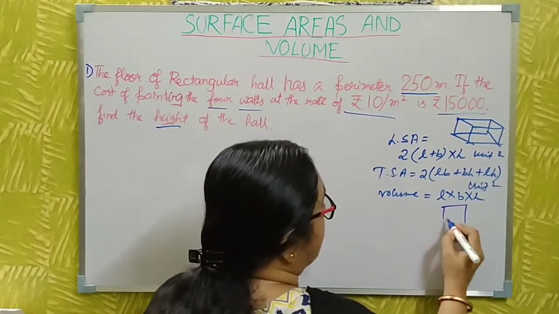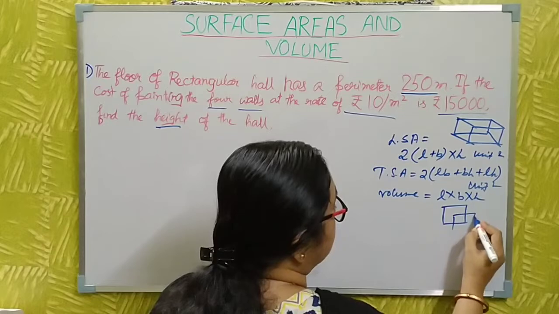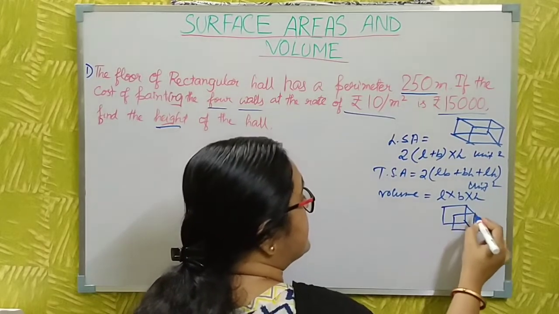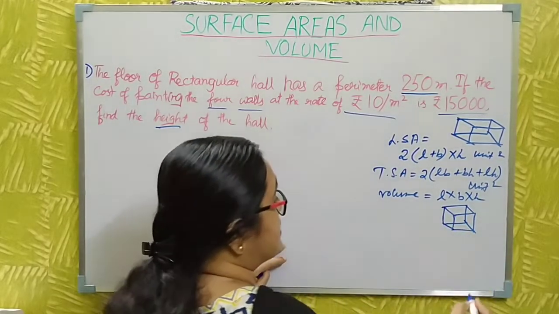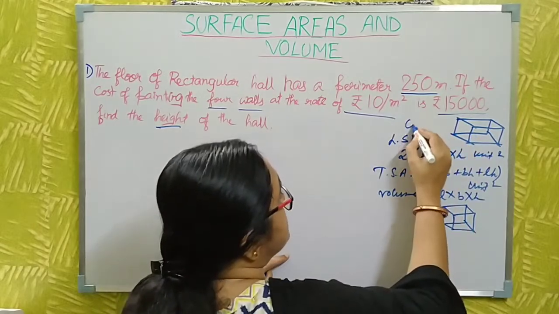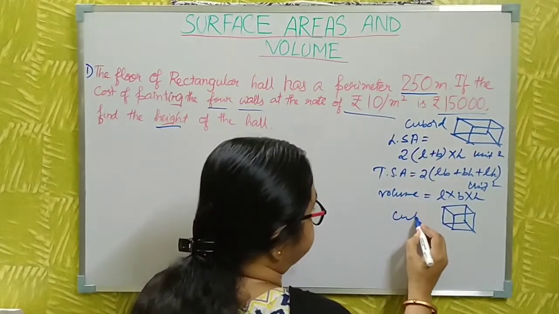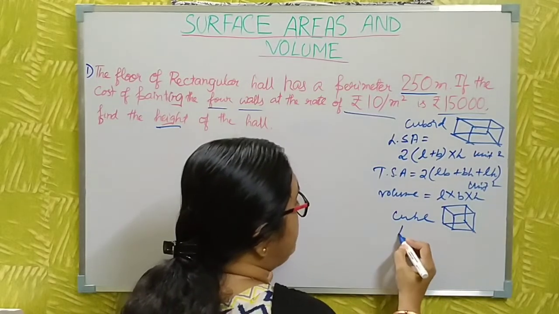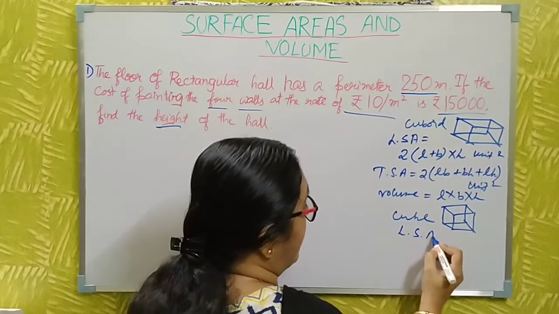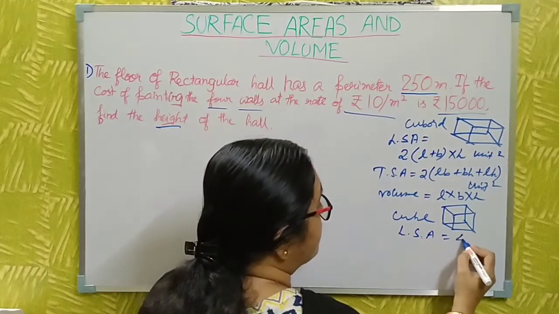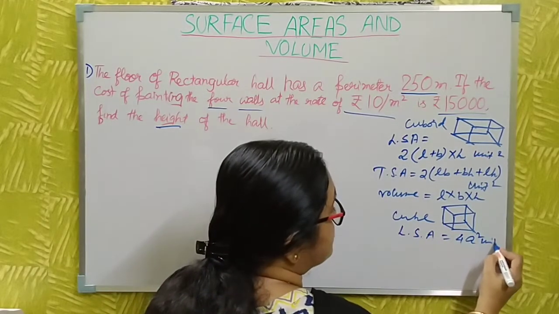Now I write the formulas of the cube and cuboid on this side. If you want, you can write them here also. This is the cuboid, and now I discuss the cube. The lateral surface area of a cube is 4 A square, unit square. The total surface area is 6 A square, unit square.